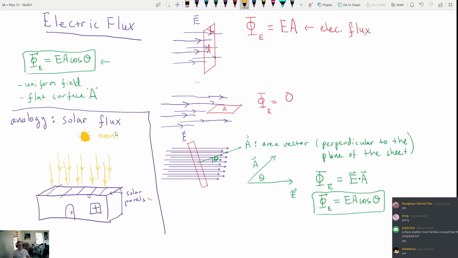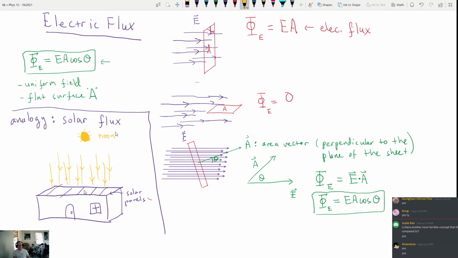Would you agree? You're going to get the most electricity per minute or per second. The most power output of your solar panel will occur when you get the maximum flow of sunlight into the solar panels, i.e. when the flux is the highest, right?